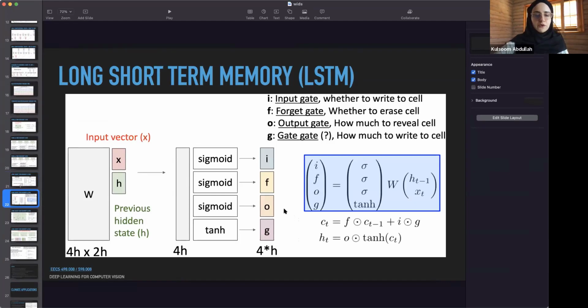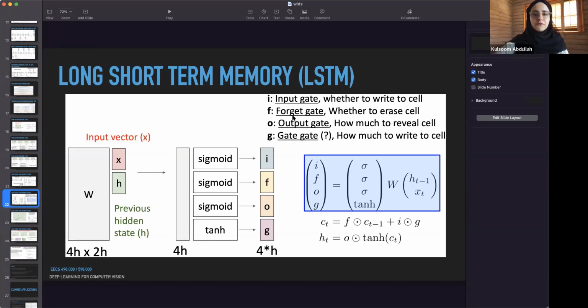So this is showing you how this happens in this RNN unit and the multiplication and the reasons for it. Basically, i, your input gate, is a value that's calculated to determine whether you want to keep the information in this cell.